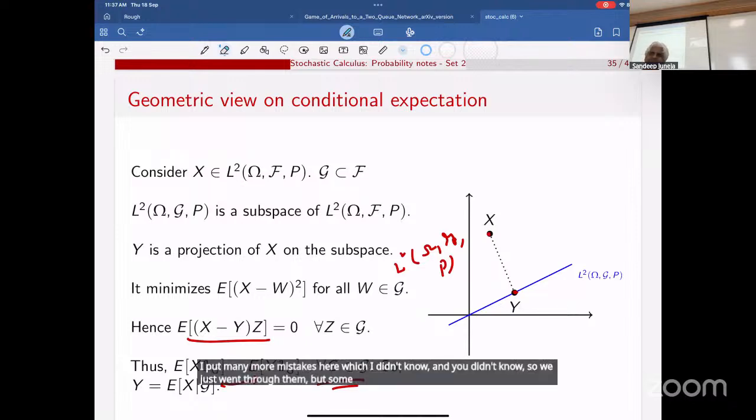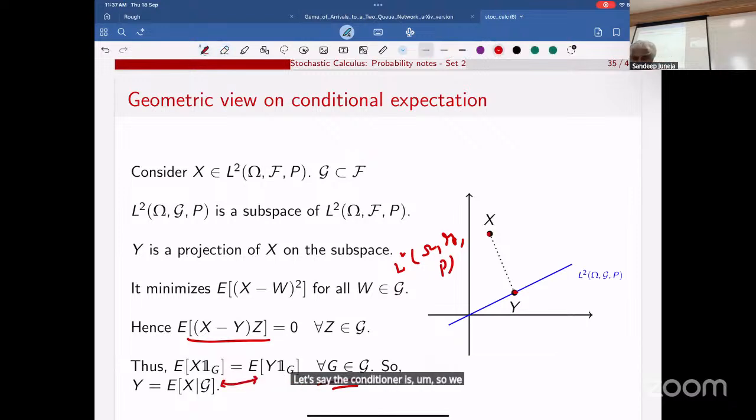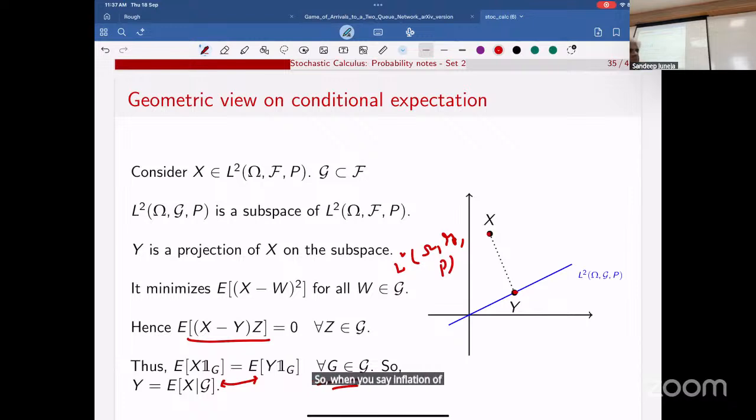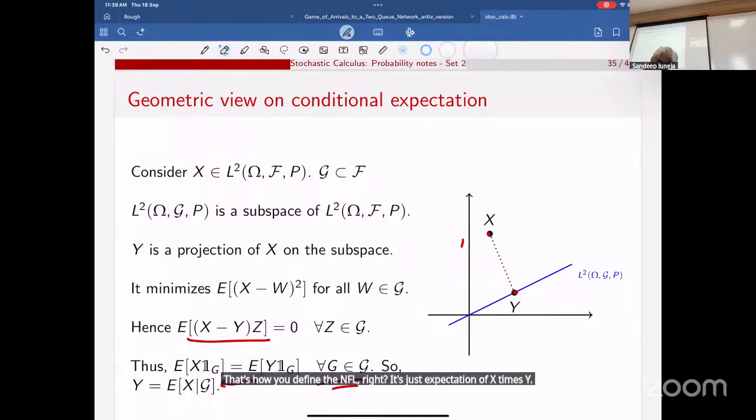So we know the L2 space has a norm, the two norm, which is this expectation of (X minus W) squared. When you say expectation of (X minus Y) times Z equals 0, is that the inner product of this? That's right. That's how you define the inner product, it's just the expectation of X times Y. And now from here, this follows, right?